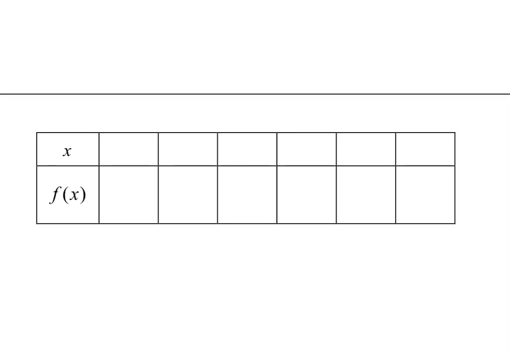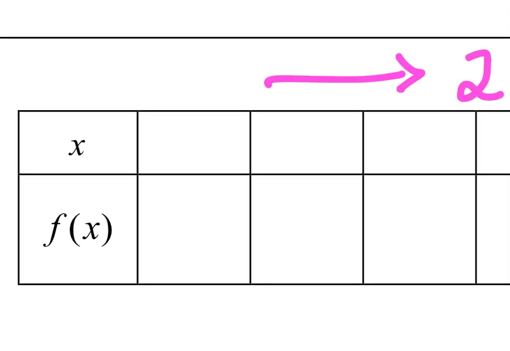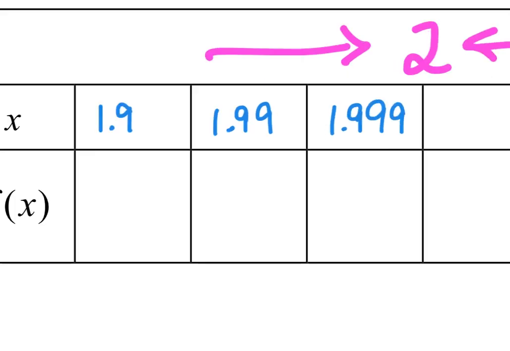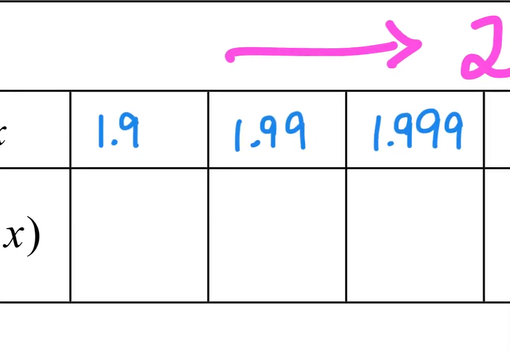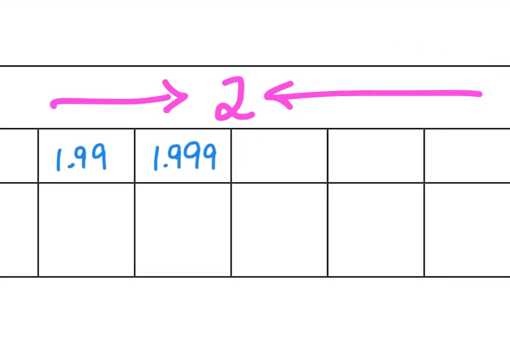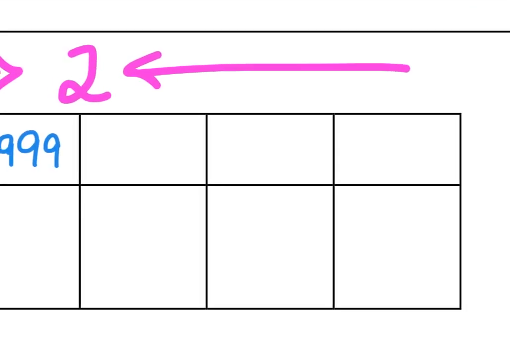As x values approach 2 from the left, the x values that we're going to use here are 1.9, 1.99, and 1.999. That's from the left. And then as the x values approach 2 from the right, it's going to be 2.1, 2.01, and 2.001.